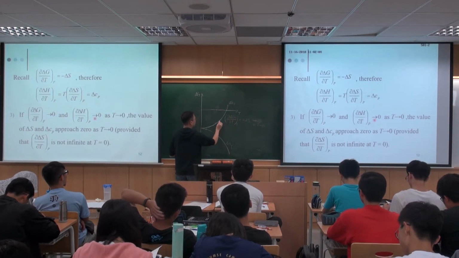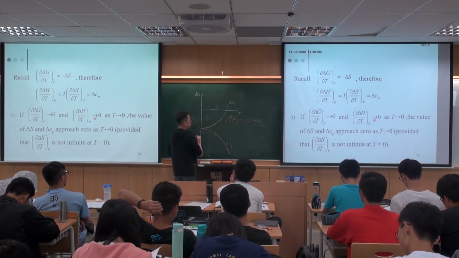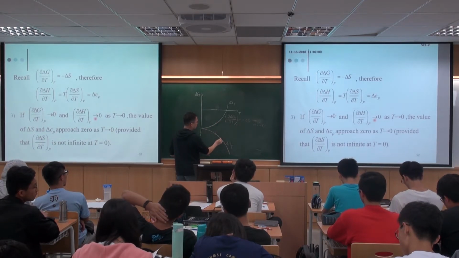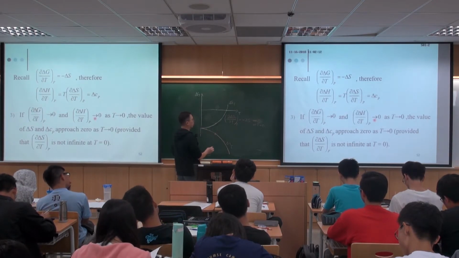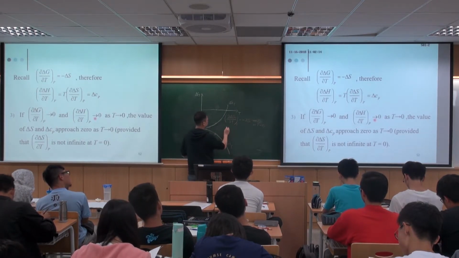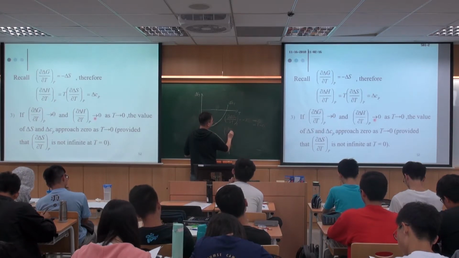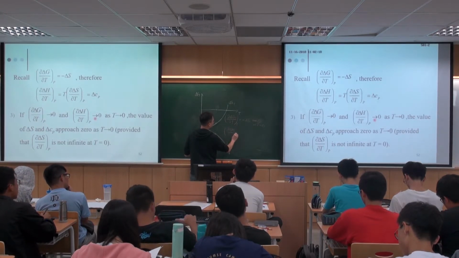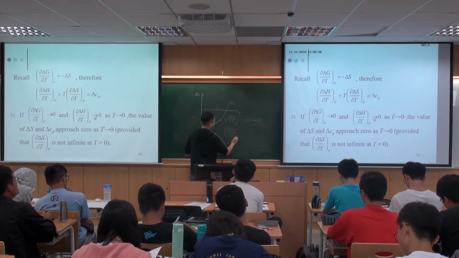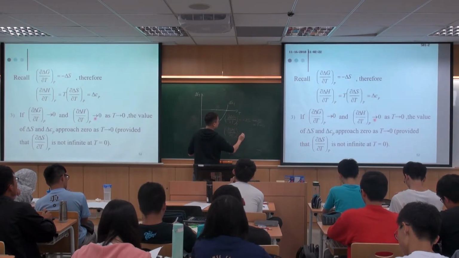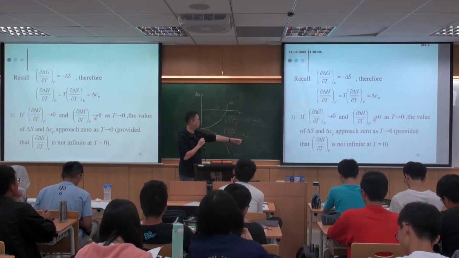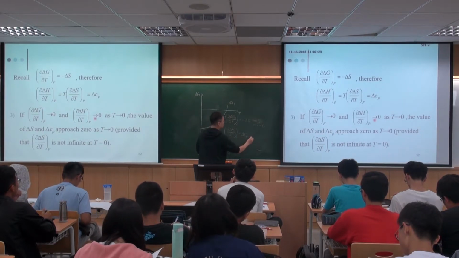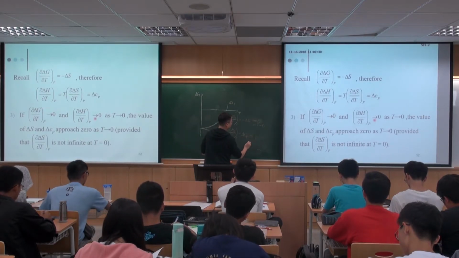That's from the slope of here. But there's another one, delta h t. The slope is also approaching 0 when you go down to 0 temperature. So this one is in fact delta Cp, right, at some certain temperature. This is also going to 0.